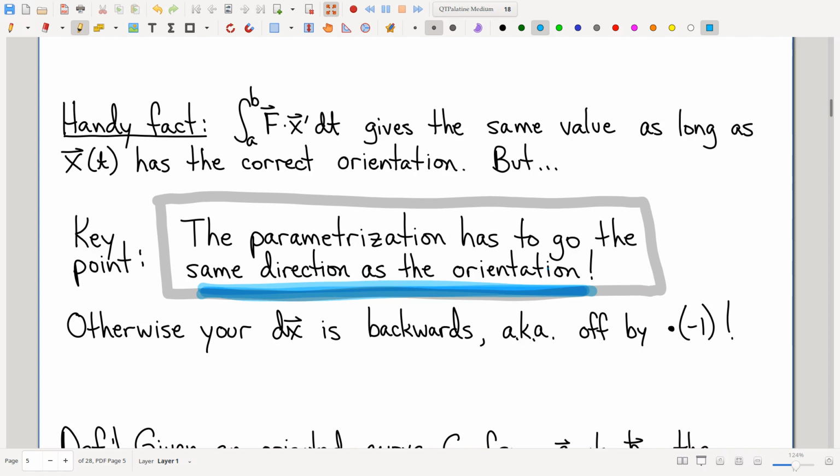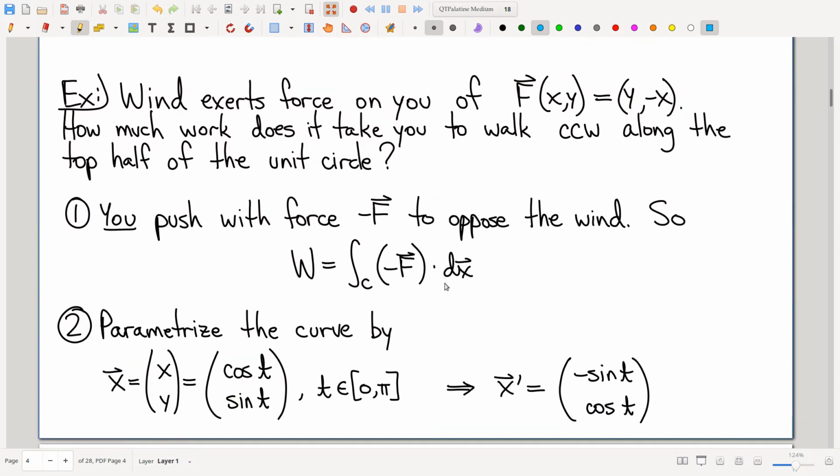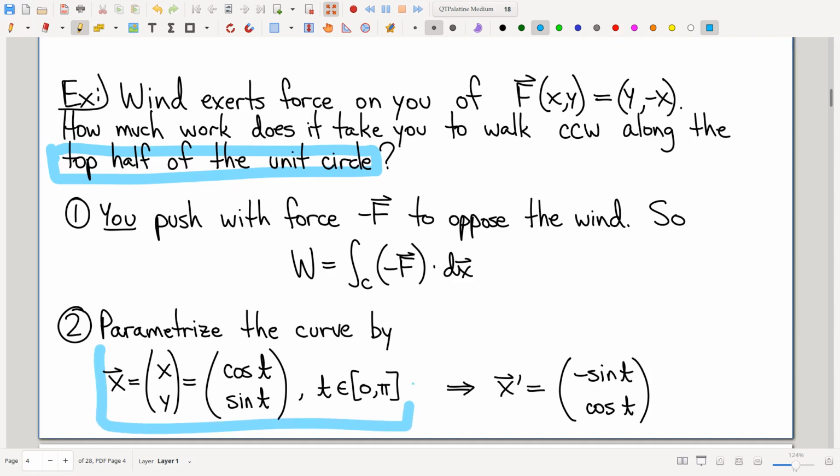And why don't I go ahead and do my confession now? This is what I kind of blew on this. I just looked at the unoriented part of the curve, just the top half of the unit circle, no discussion of orientation. That's what I parameterized, and I just kind of went on as if that's okay. I gave no consideration to whether I parameterized in the correct direction.